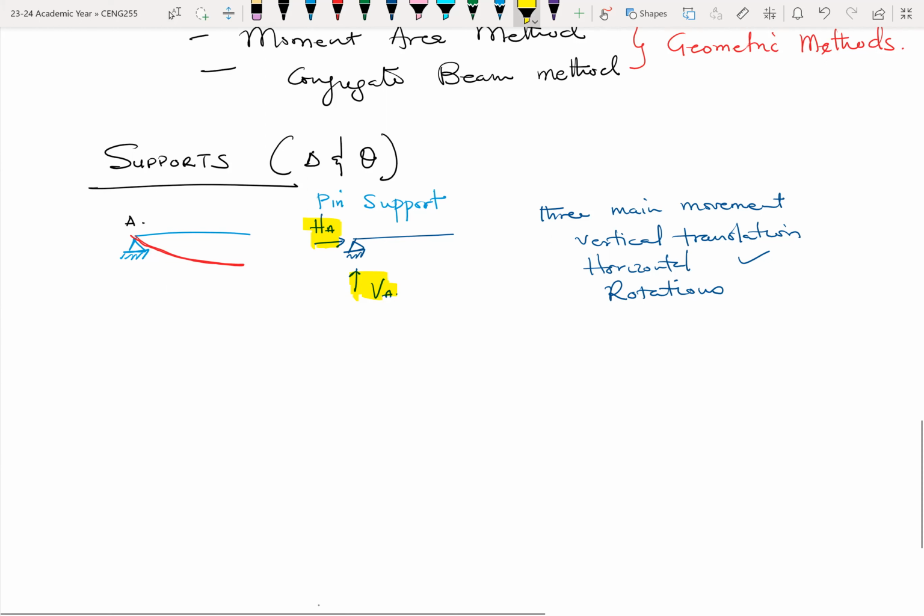So here, once there are these reactions, the deflection at A will be zero, because your reactions HA and VA will prevent any form of movement.